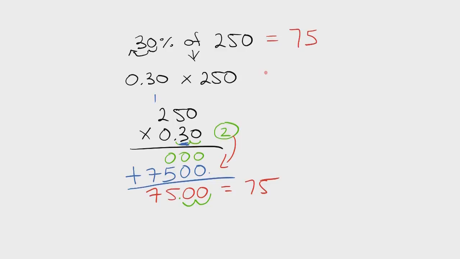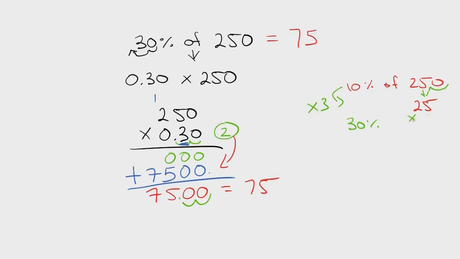Check it out. Here's a shortcut. We could use the idea of 10% of 250 first. And you know 10% of 250 is 25 because I told you all you do is move the decimal 1 space over when you find 10% of a number. So that becomes 25. Well, what do I need to multiply the 10% by to get 30%? Times 3.